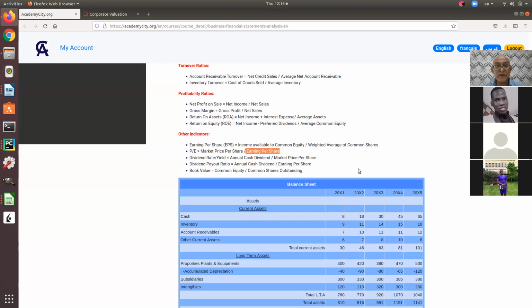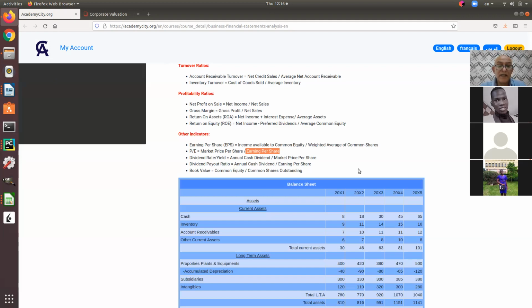You should be very careful because that doesn't tell the whole story. I might have two companies with exactly the same pure number, dollar divided by dollar, so it looks comparable. But if one company has a share price of $20 and earning per share of $1, the ratio will be 20.